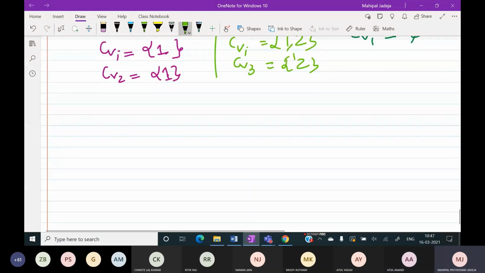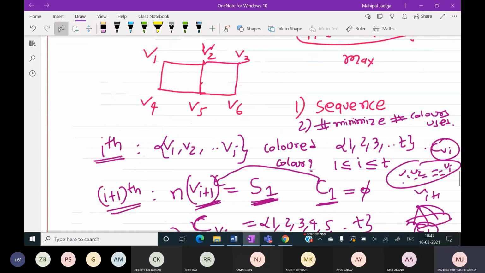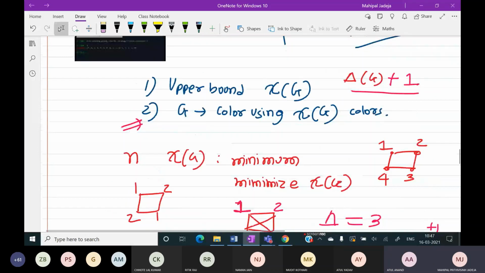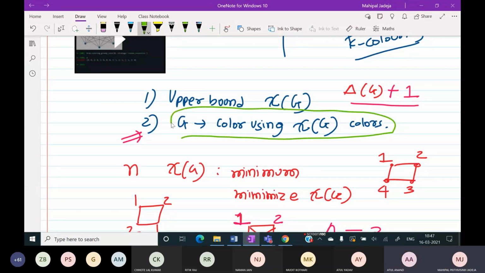So this is all good, but we didn't answer the most crucial question. We are getting a coloring, that is fine, but what was our objective? At the starting of this lecture, we had listed down our objective. The objective was to color the graph using kappa of G colors. We need to answer whether we are achieving this objective or not.